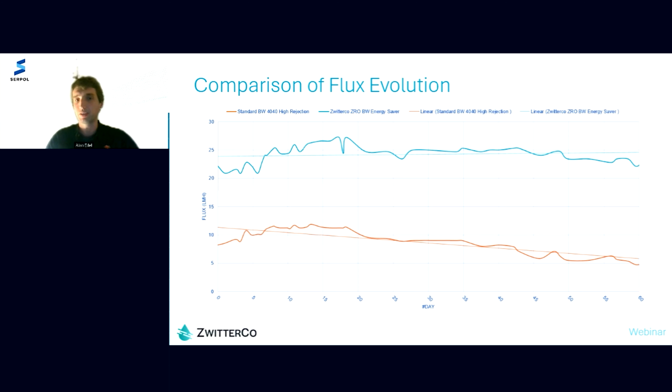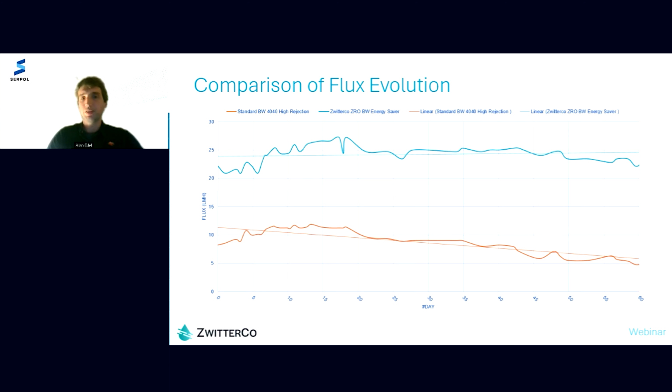But on the green curve, you can see the ZwitterCo elements. The flux was quite constant during that time, and we didn't see any decrease. So we decided to try ZwitterCo elements on the 3 different pressure vessels.